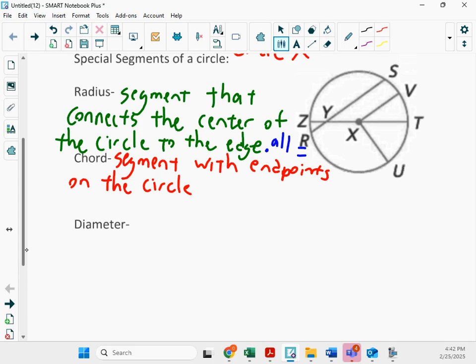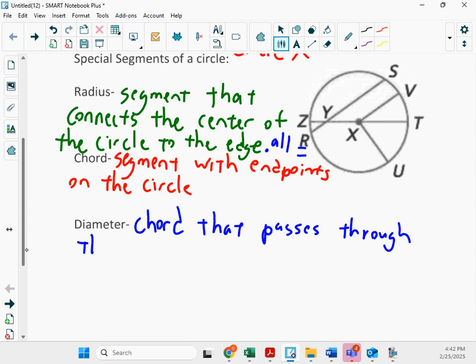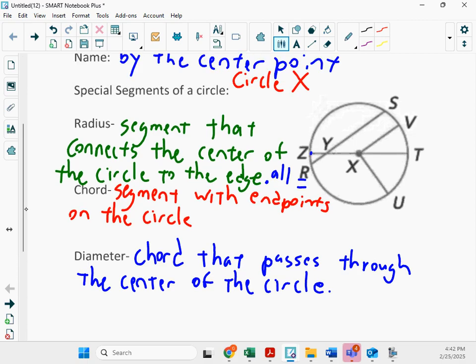And a diameter, this is a chord that passes through the center of the circle. So, for example, ZT, that's a chord, and it passes through the center.